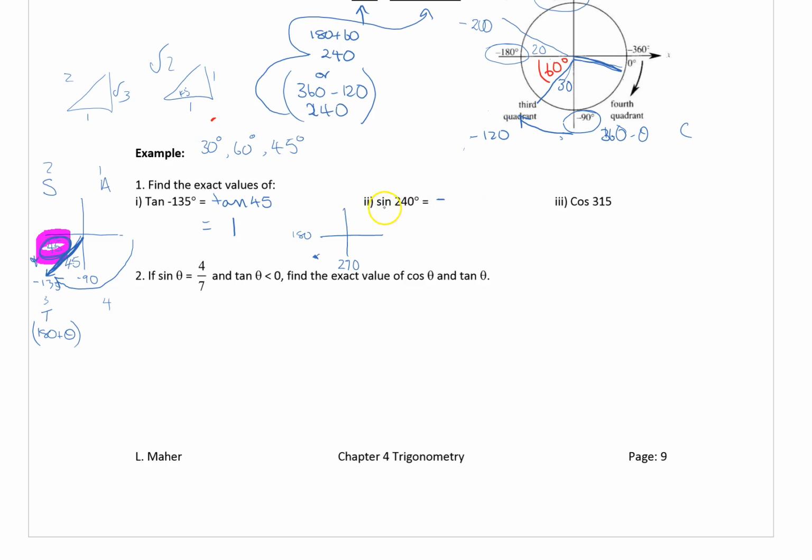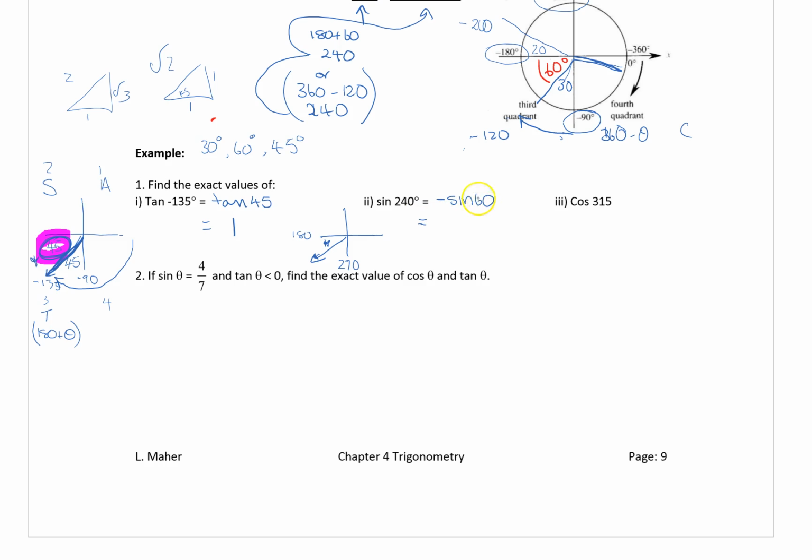So already we know that sine of 240 is going to be negative. What is the acute angle, or the angle in this position here, that is required to get to 240? So you're working out the difference between 240 and 180, which you can see is 60. So it's negative the sine of 60.